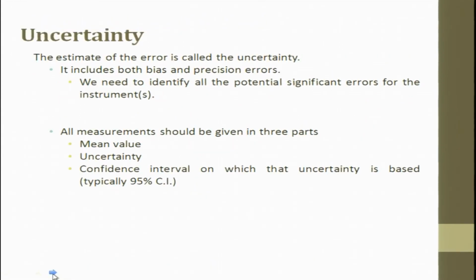Next is uncertainty. Uncertainty is equivalent or similar to errors. When we talk about errors in measurements, in statistics we call it uncertainty, or we can also call it errors. I can use these interchangeably here. However, there is a difference between errors and uncertainties.